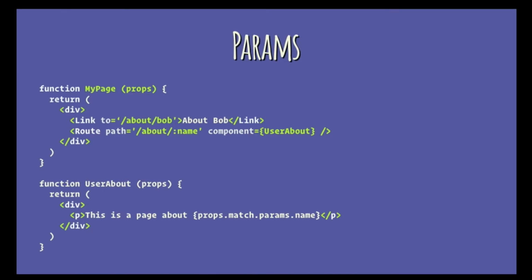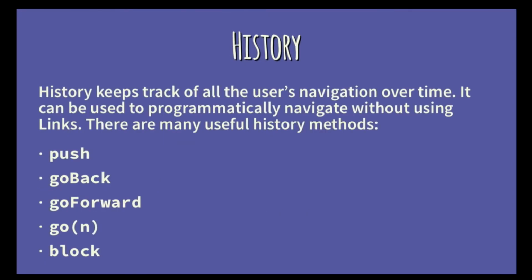And the one called match will have your params on it. So props.match.params.name will get you whatever was in that name param. So if you linked to About Bob, props.match.params.name would be Bob. We'll see examples of this. It's pretty easy. So that's the match prop.